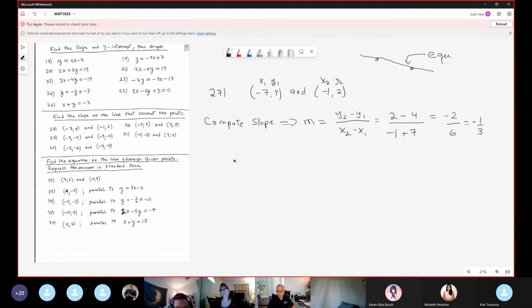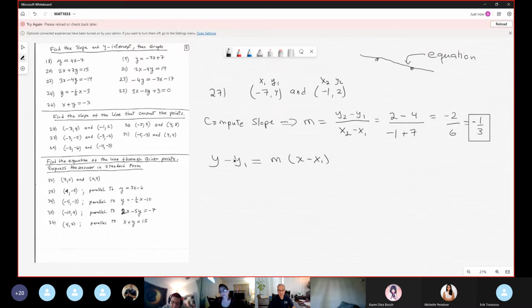Well, we have another step. Using this important formula can allow me to find the equation of any line when you have in your hand the slope and 1 point.